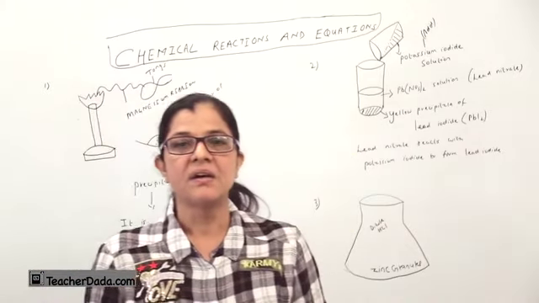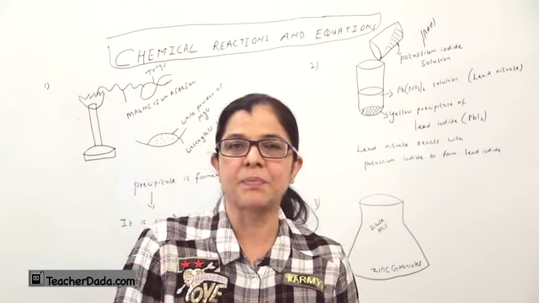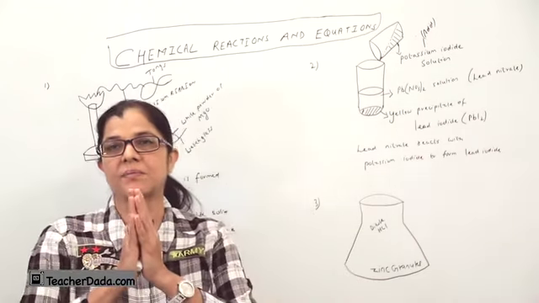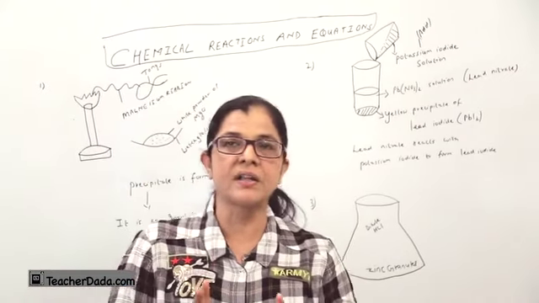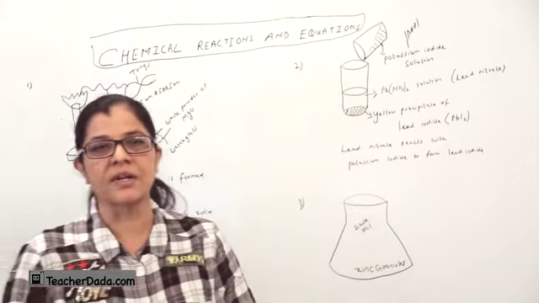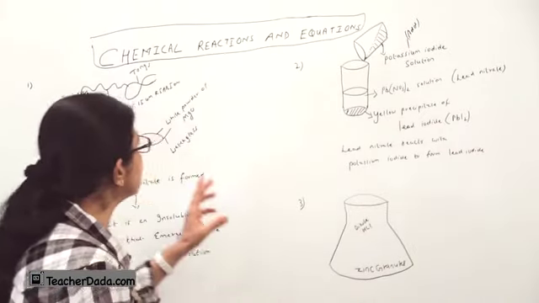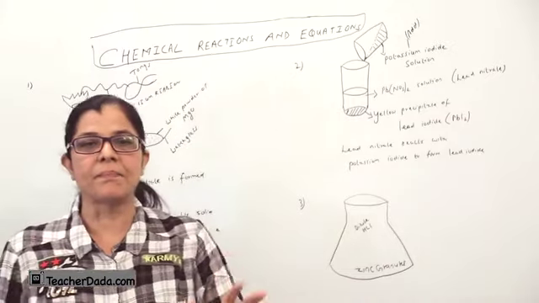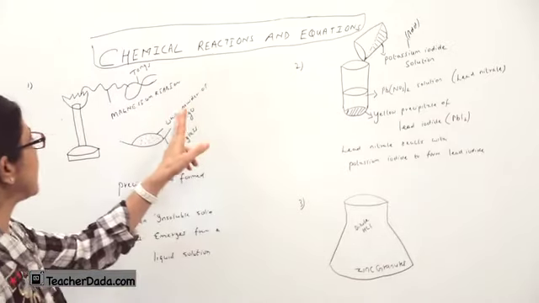First, I will discuss the experiment to show what happens when magnesium ribbon is burned in air. For this you require magnesium ribbon, tongs and a burner. Take a piece of magnesium ribbon, clean it by rubbing it with sandpaper, and hold it with a pair of tongs.